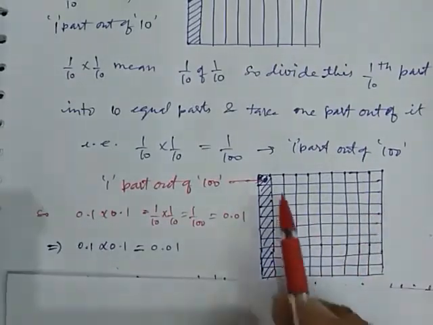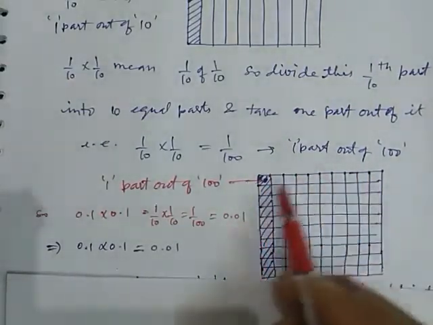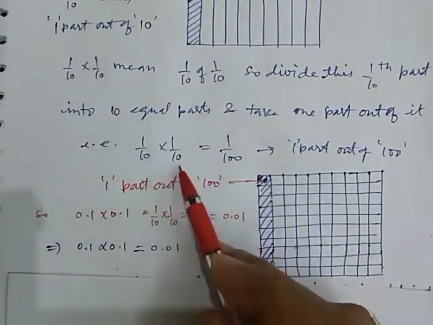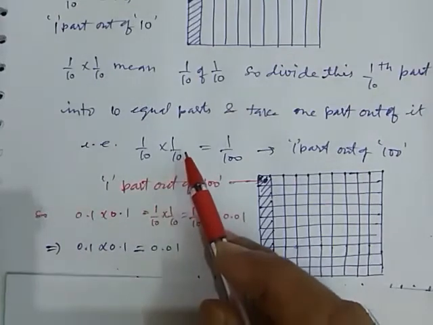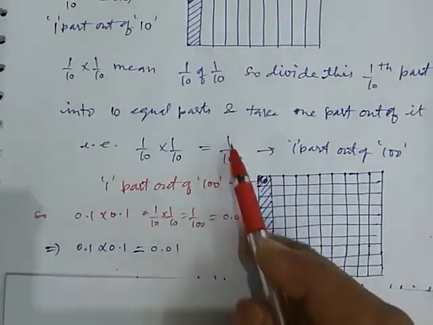Here we make 100 parts in total. How? 1/10 of 1/10 means we again divide 1/10 into the next 1/10. So it becomes 1 by 100.